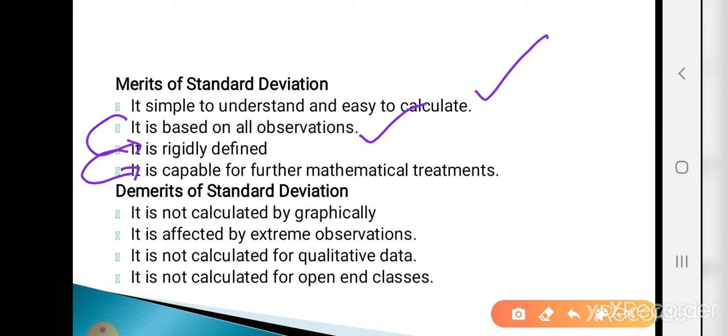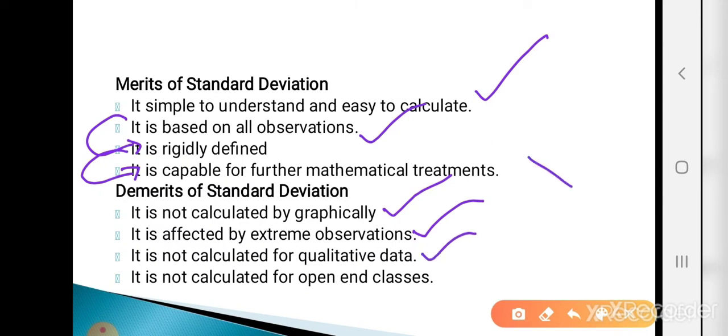Now the demerits of standard deviation. It is not calculated graphically. It is affected by extreme observations. Yes, because the standard deviation is based on all observations, so it is affected by extreme observations. It is not calculated for qualitative data.